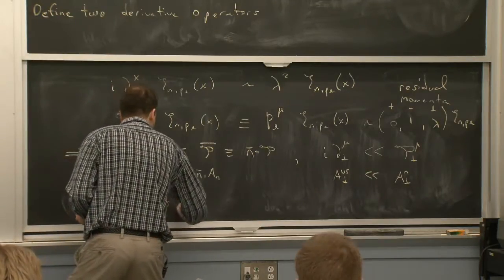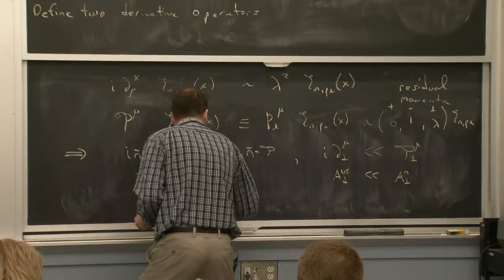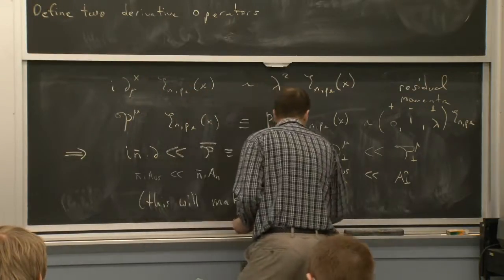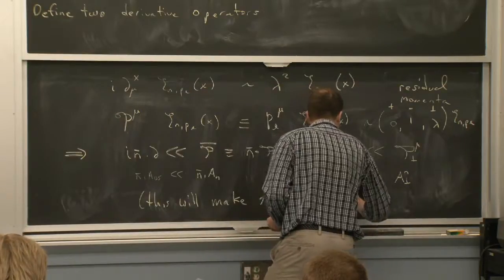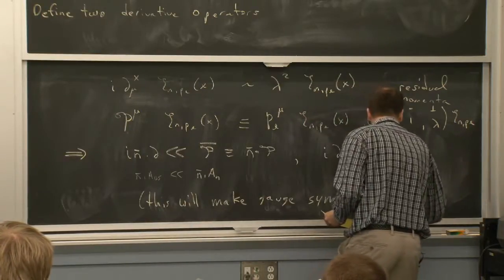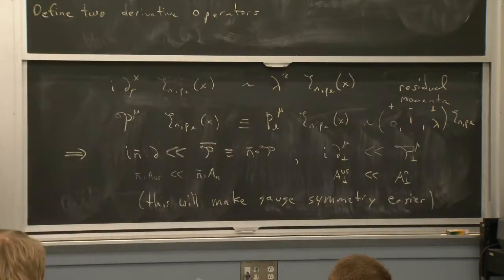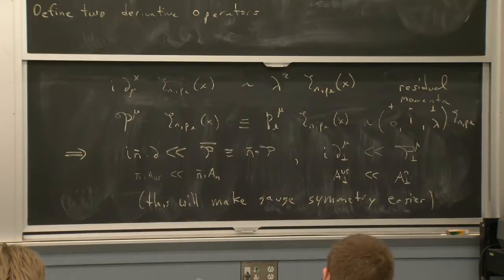So when we talk about gauge symmetry, this homogeneity between the derivatives and the gauge fields will make gauge symmetry easier. So that's one of the powers of thinking like this.